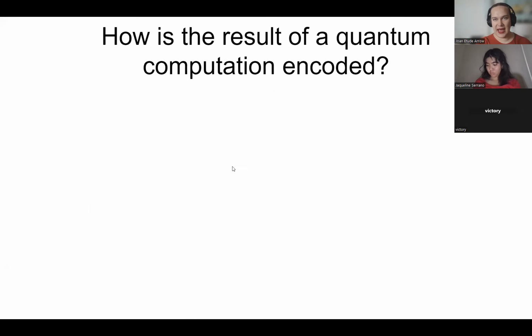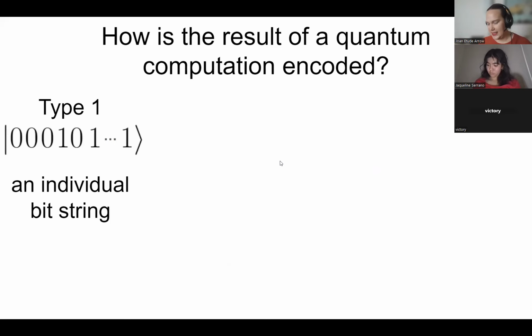And so the question is, how does a quantum computer encode the results of a computation? It might do it in a couple of different ways. But the first one, let's say a silly problem, you're asking the quantum computer to tell you where to eat for dinner, and you've encoded a bunch of different answers. The quantum computer computes all these crazy things, figures out the absolute best restaurant for you to eat at, and it spits out just a single bit string.